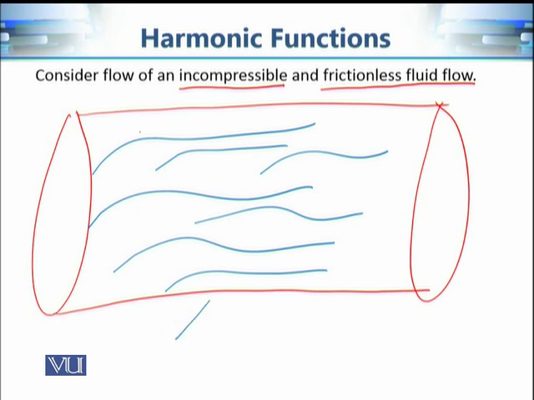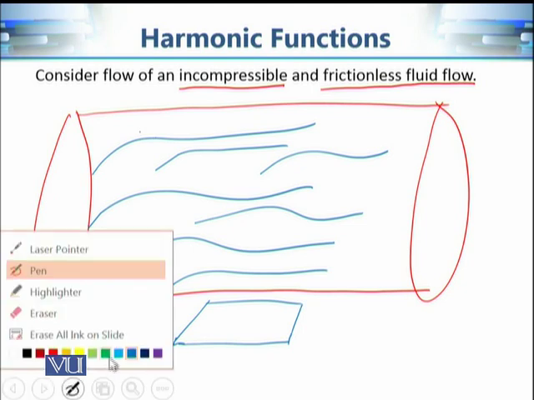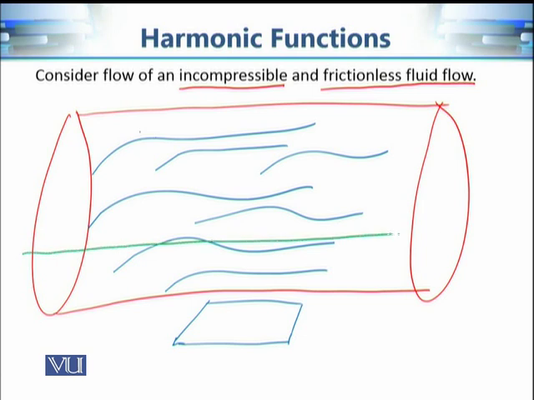Somewhere over there, this is the complex plane. We also assume that when we take cross sections of this channel, for example, if we take a cut from here, then all the cross sections are the same. These are the assumptions under which we are going to study this physical problem of fluid flow.